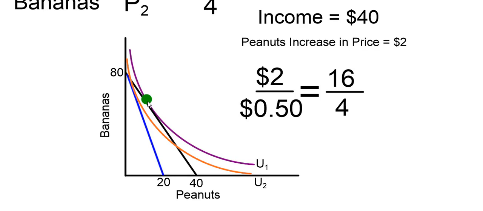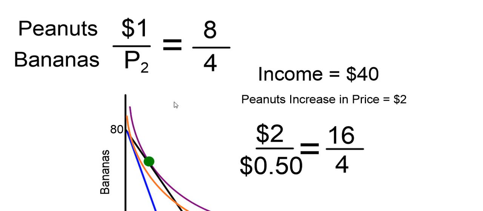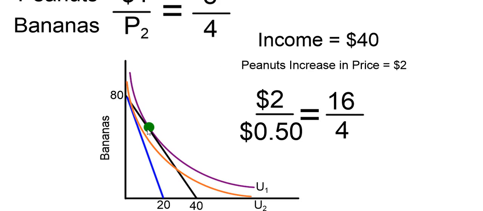So peanuts at this point right here are worth more to her than bananas, because as she moves in this area of the curve right here, she's actually losing more in bananas than she's gaining in peanuts, and it's actually twice. And that's because her marginal utility for the next unit of peanuts is twice what it is for the next unit of bananas, but only at this point right here. Okay.